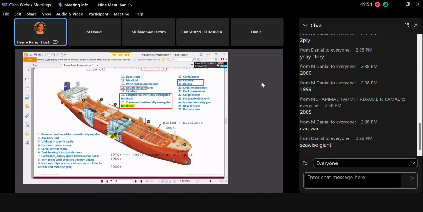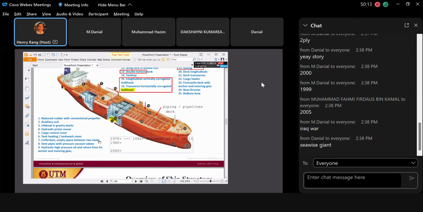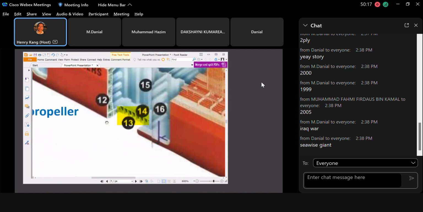When oil spilled from the tanker, it polluted the coastal regions. There was a lot of news during that time. The reason is the original design of the tanker did not use a double bottom hull, just a single layer.